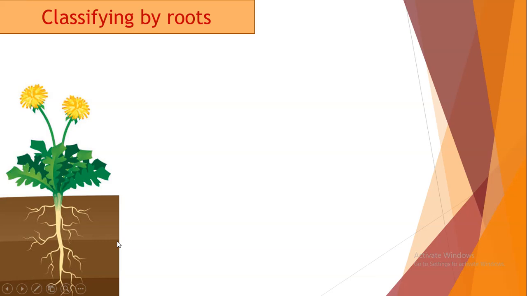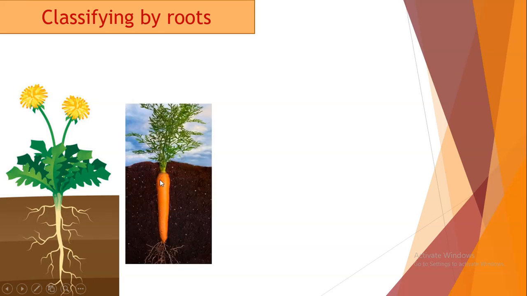Now, classifying by roots. Look at this picture. This plant here is a dandelion. It has a single long, thick root. Carrots too, they have a single long thick root.